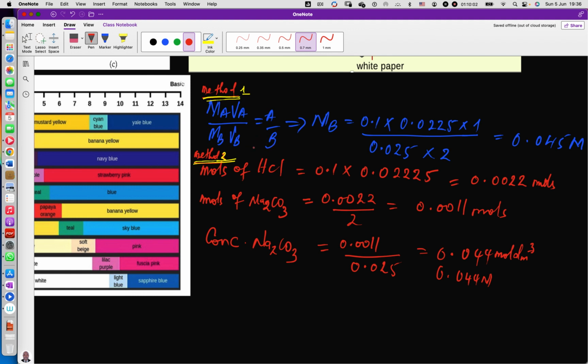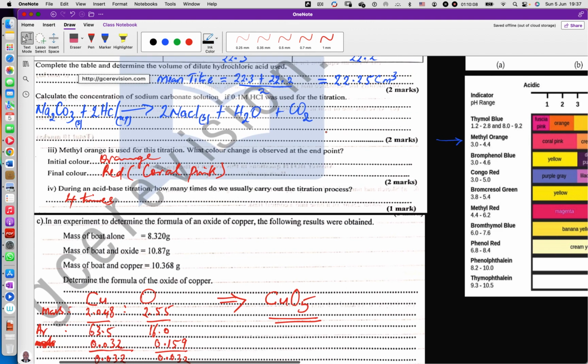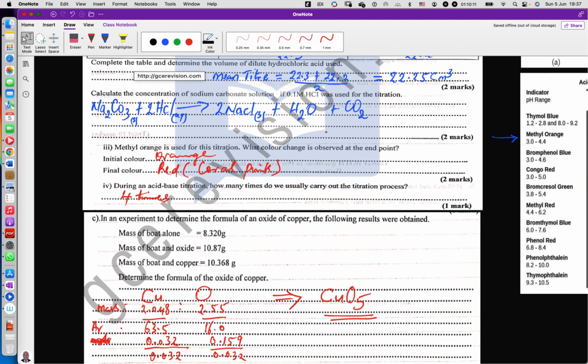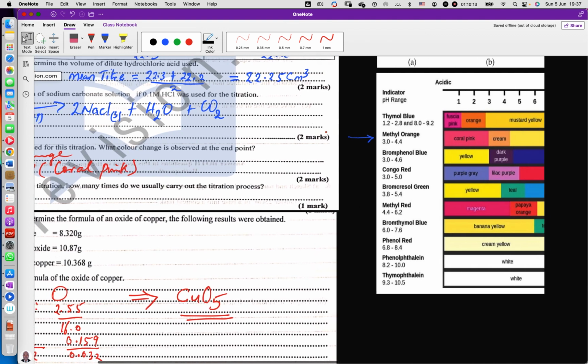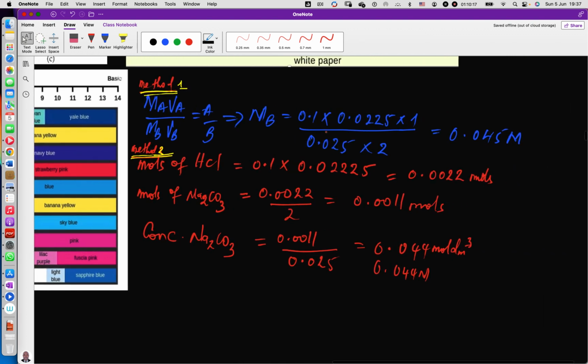Now we are looking for the concentration of the base. The question says calculate the concentration of sodium carbonate. So we will look for MB. That is method 1.